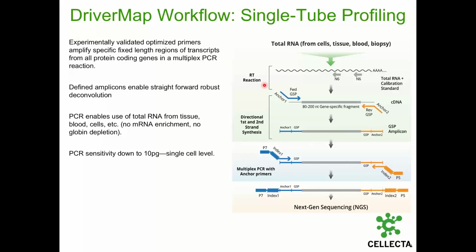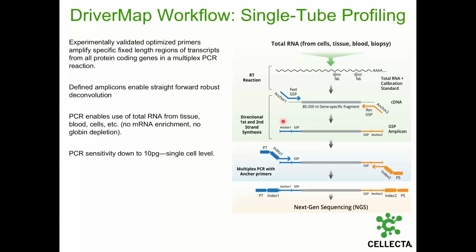We were able to do this by developing a set of 38,000 primers that amplify 80 to 200 nucleotides of all 19,000 protein coding genes. So there are 19,000 primer sets in a single RT-PCR reaction that are used to amplify these amplicons. And this is all done in a single multiplex system.